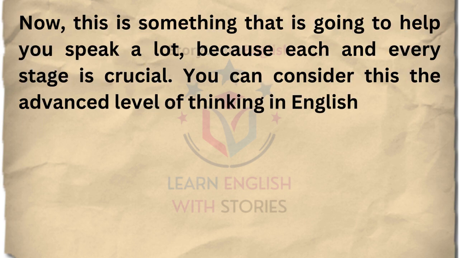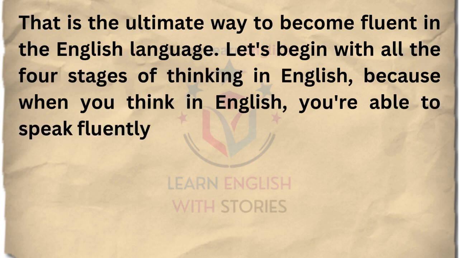Now, this is something that is going to help you speak a lot, because each and every stage is crucial. You can consider this the advanced level of thinking in English. That is the ultimate way to become fluent in the English language. Let's begin with all the 4 stages of thinking in English, because when you think in English, you're able to speak fluently.